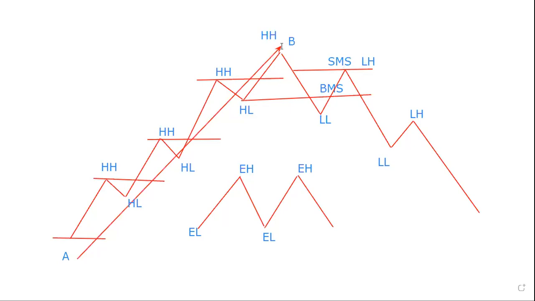The structure has shifted from higher highs to lower highs, and market has broken a higher low to form a lower low, breaking and shifting the market structure. So I will take us to the chart so that we can see it the way it is on the chart.